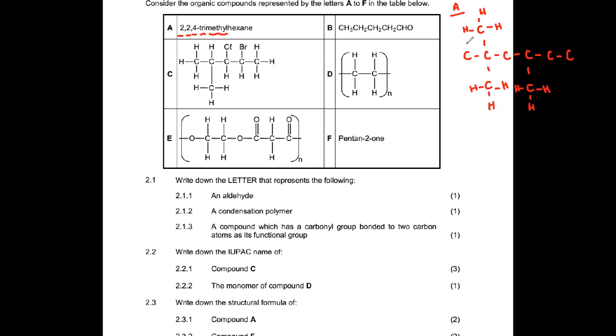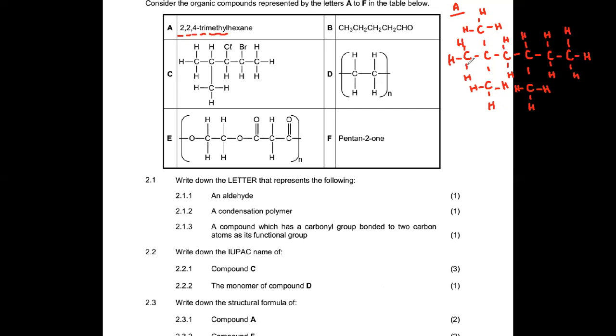The rest is just adding the hydrogen atoms to make the compound stable. Here you mustn't forget to add these hydrogen atoms, otherwise you will lose marks. This one needs 1 more hydrogen, that one needs 2, and the last carbon atom needs 3 hydrogen atoms. So here we go. This is 2,2,4-trimethylhexane.